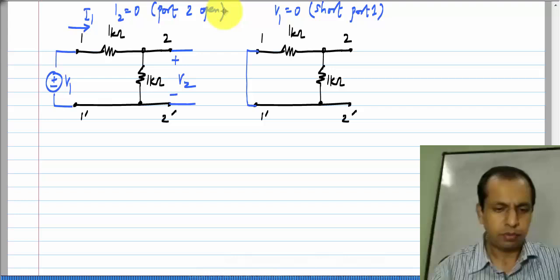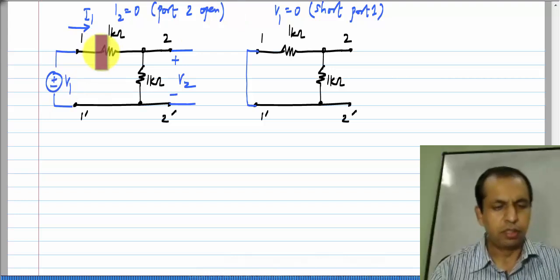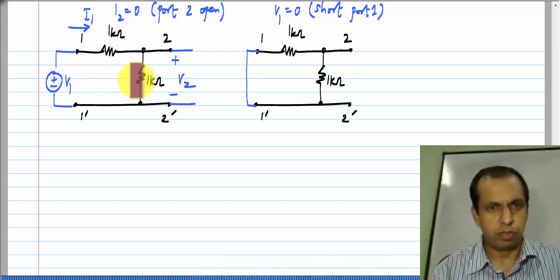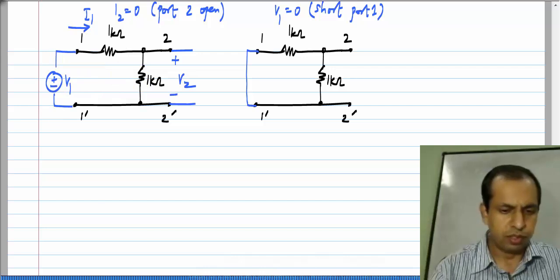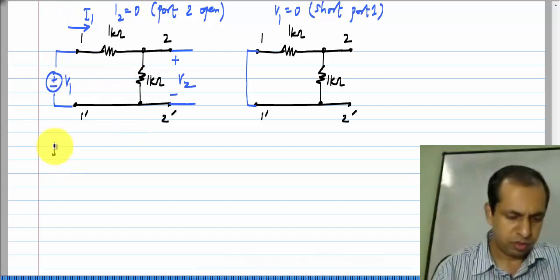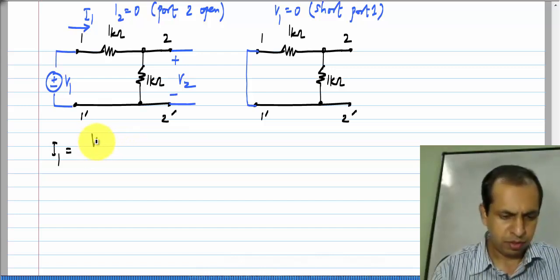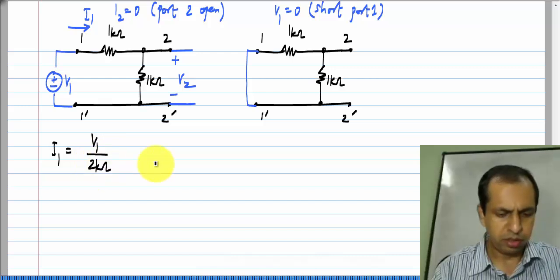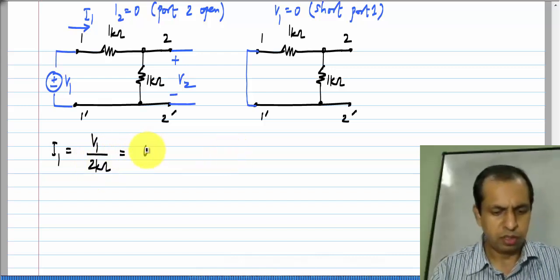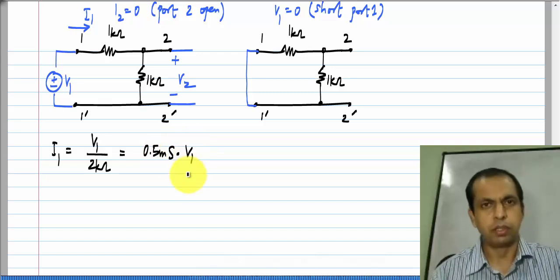Okay. Now, it is clear that this series combination of two 1 kilo ohm resistors is across V1. So, I1 is V1 divided by 2 kilo ohms, which equals 0.5 millisiemens times V1.